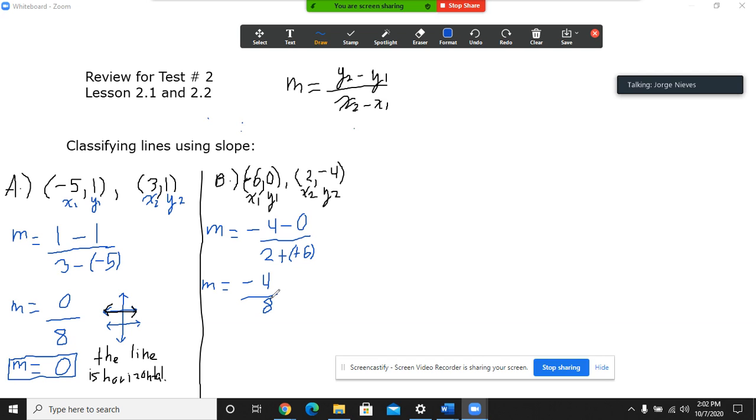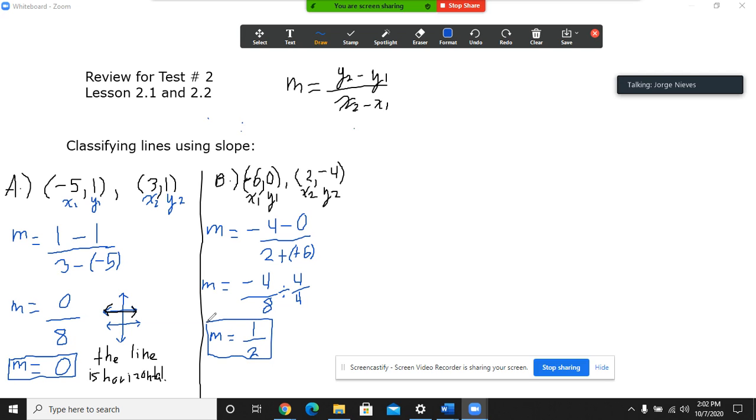So we got -4 over 8. We know that we can simplify this by dividing by 4. Okay. So if we divide by 4, ¿verdad? esto nos daría al final -1/2. Okay. 1 sobre 2 o 1 over 2.